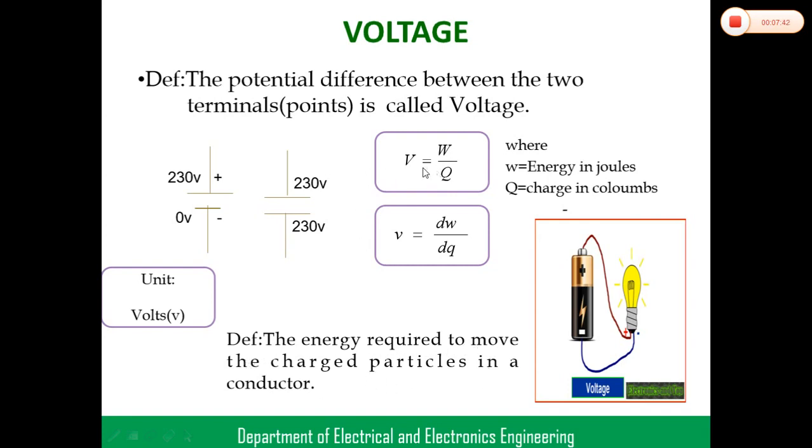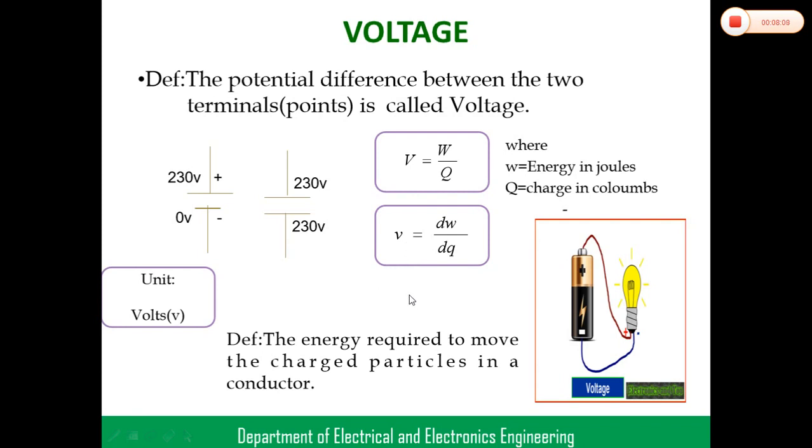The first definition is the potential difference between the two terminals or points is called voltage, and the second definition is the energy required to move the charged particles is called voltage. Means the potential difference is required to move the current, that is the charged particles. This is all about voltage.